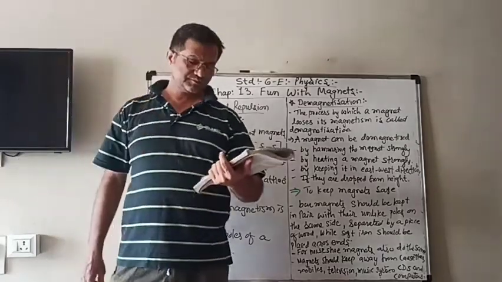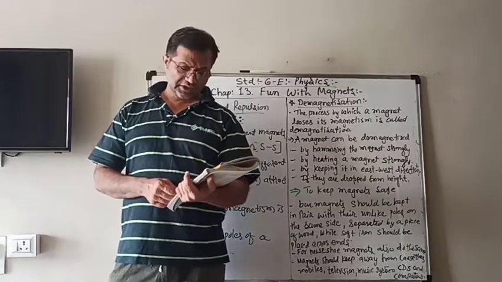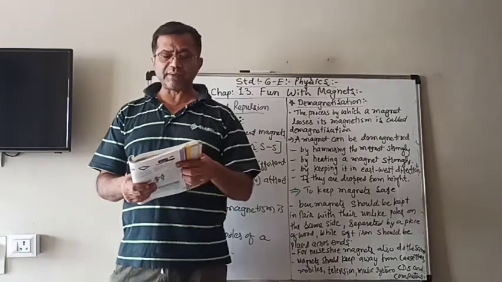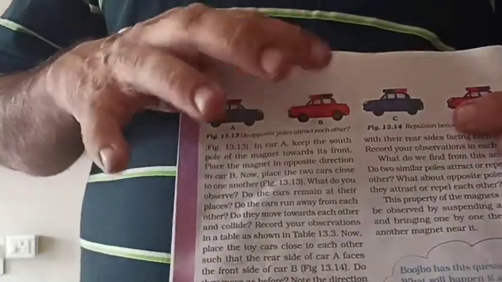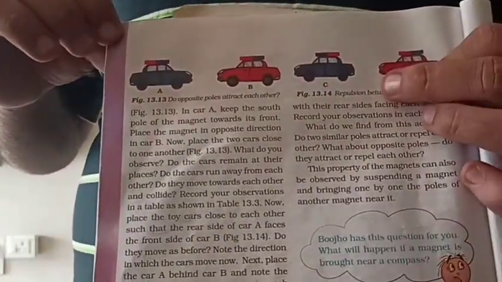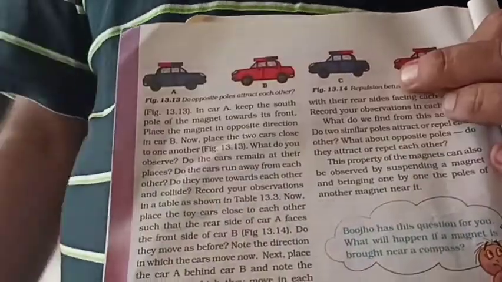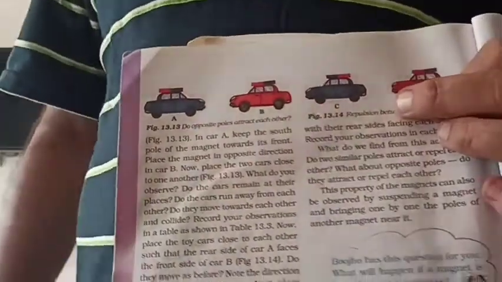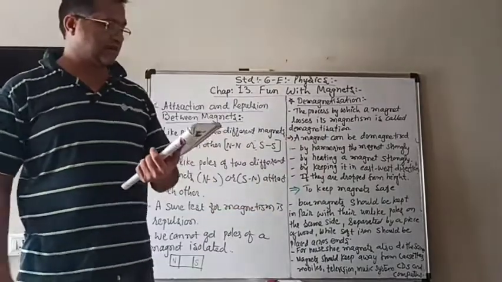They place a bar magnet on top of each car and fix them with rubber bands as shown here in the figure. Car A, car B, and on top of them they put the magnets and fix them with the rubber band.